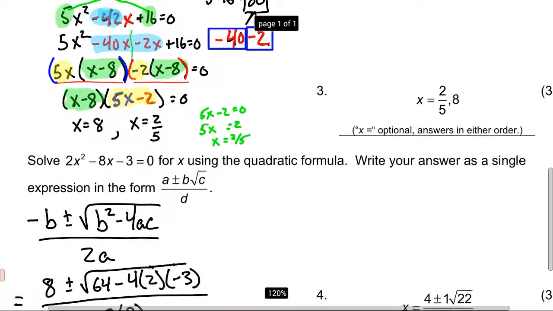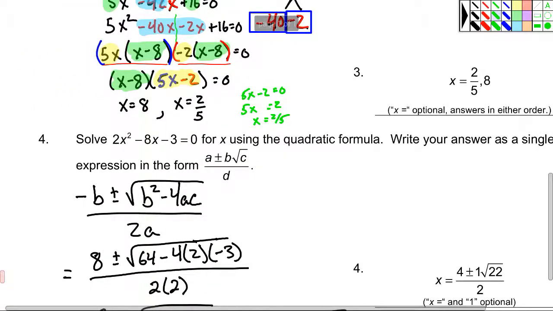So now it says solve using the quadratic formula. You are just going to have to memorize this bad boy right here. So what does all this mean? What does the a, b, and c mean? Well, if you look at the general form of the quadratic equation, it is ax squared plus bx plus c equals 0.